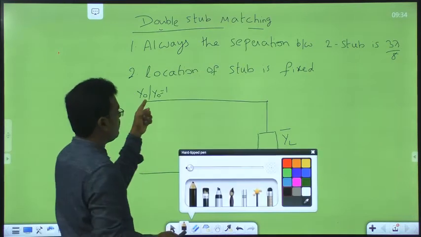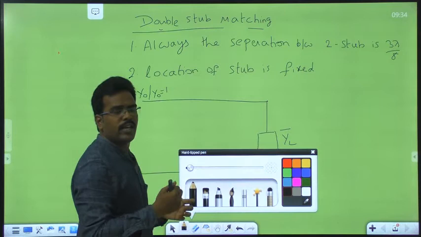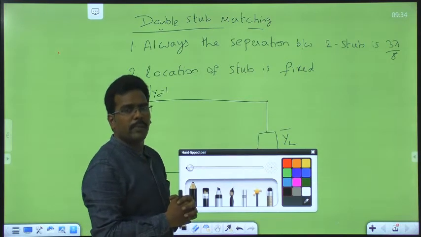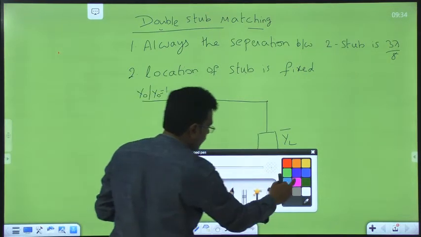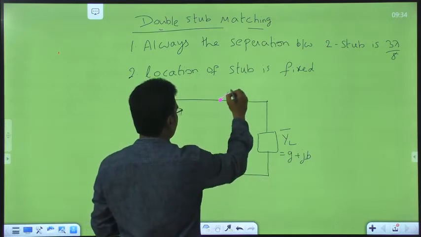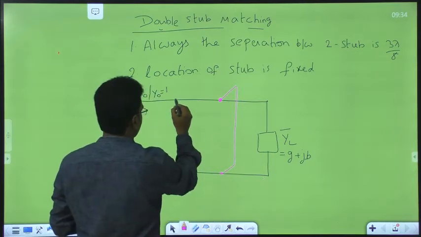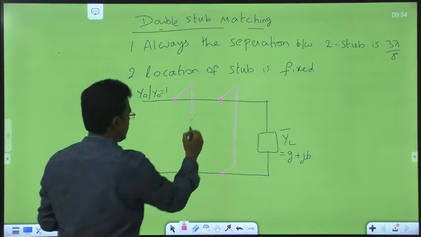Here the load impedance is not equal to the line impedance, so definitely with the help of some steps we have to obtain impedance matching. Here I am taking two stubs: this is the first stub and this is the second stub.